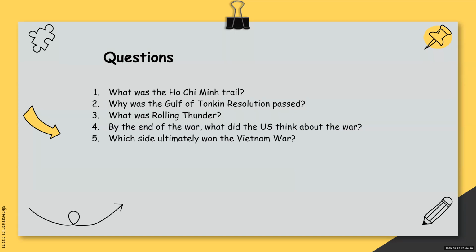It was a series of jungle paths, I think is what you said. But do you know what it was used for?